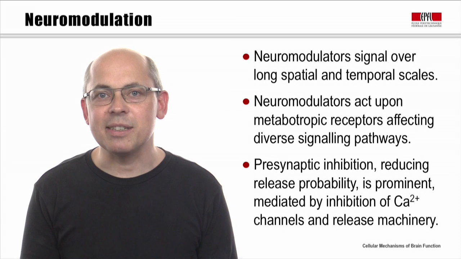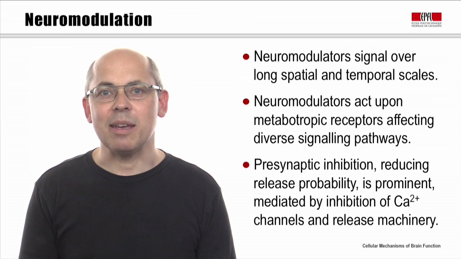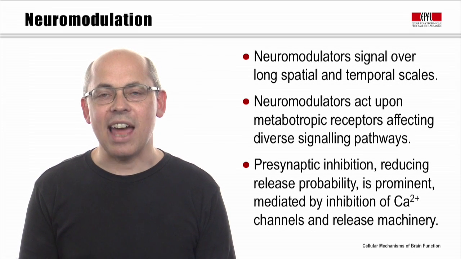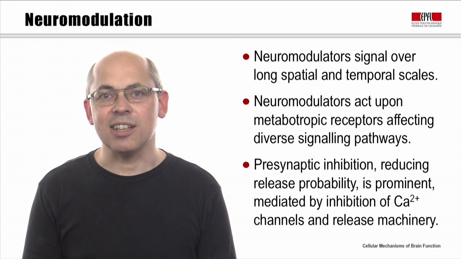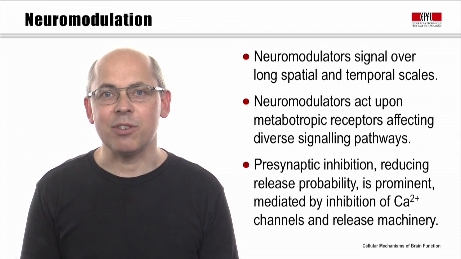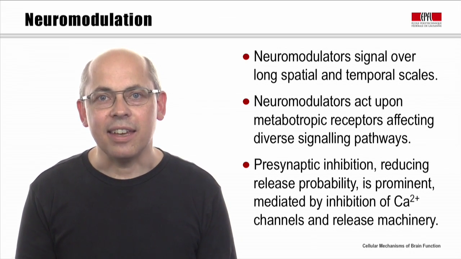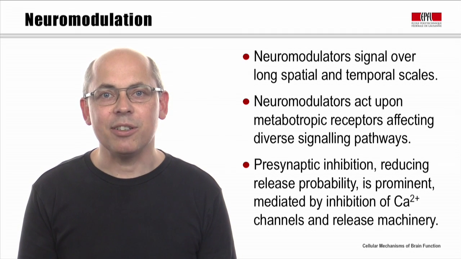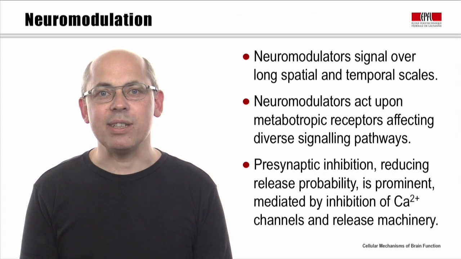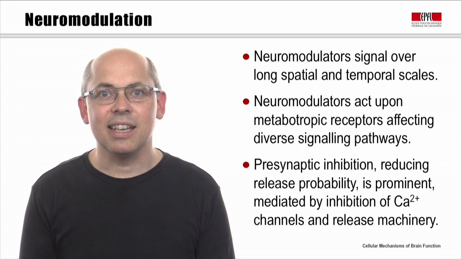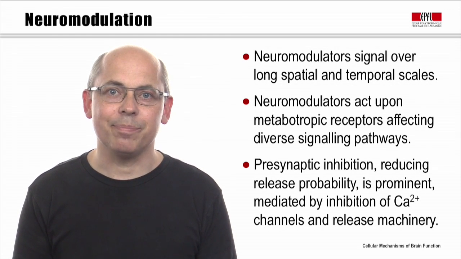The neuromodulators bind to 7 transmembrane receptors that activate G proteins, they bind GTP, they diffuse and activate then downstream signaling pathways. And there's really a large variety of signaling pathways that are open to 7 transmembrane receptors. In particular, they act to presynaptically inhibit neurotransmitter release by downregulating calcium influx and by decreasing the efficacy of neurotransmitter release, and that then also impacts synaptic dynamics in the presynaptic terminal.